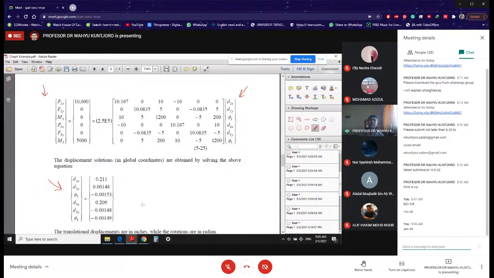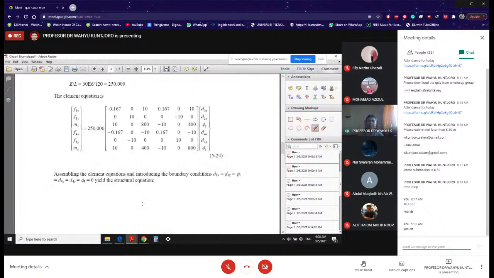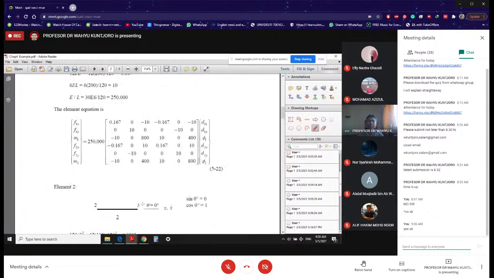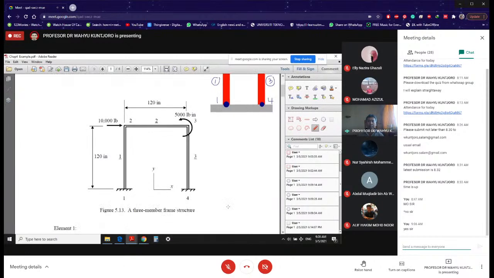Okay, so the unit is going to be based on the unit that you have, of course. In our case here, because the problem is given in, if you look at what we have here, dimensions given in inch, force given in pound, and moment as what you have here is, of course, pound inch.